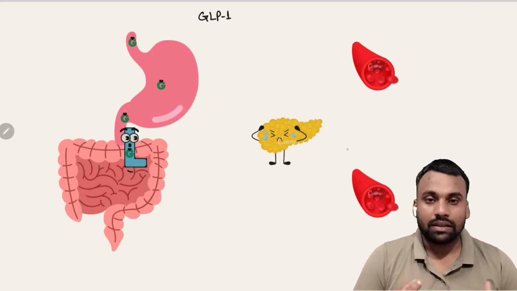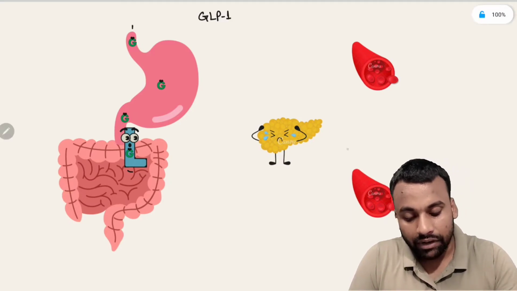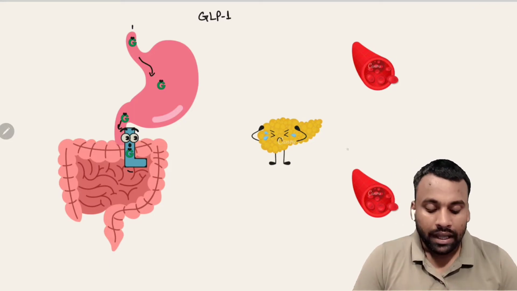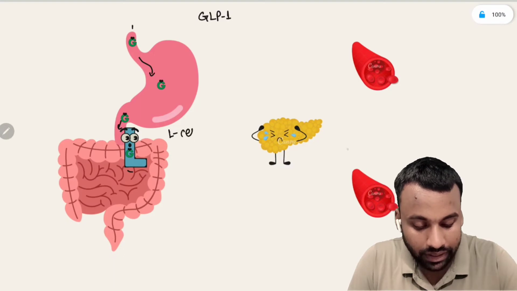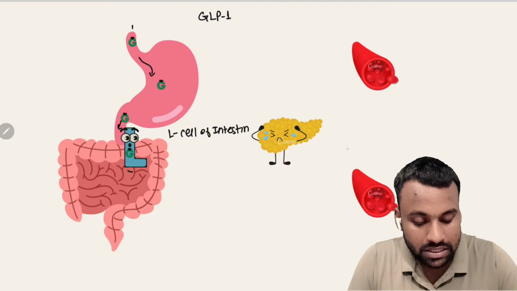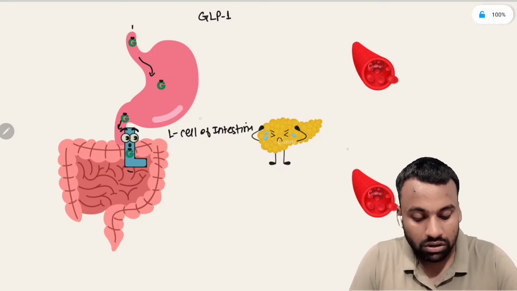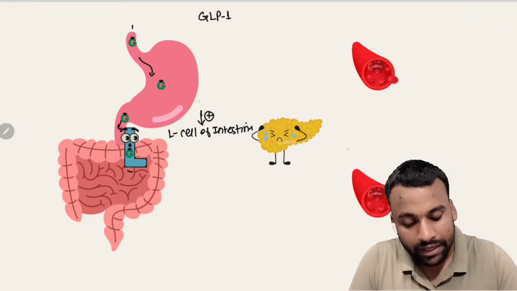Normally when a person takes glucose, this glucose reaches the intestine via the stomach. After reaching the intestine, the L cell of the intestine can be activated. By whom can it be activated?